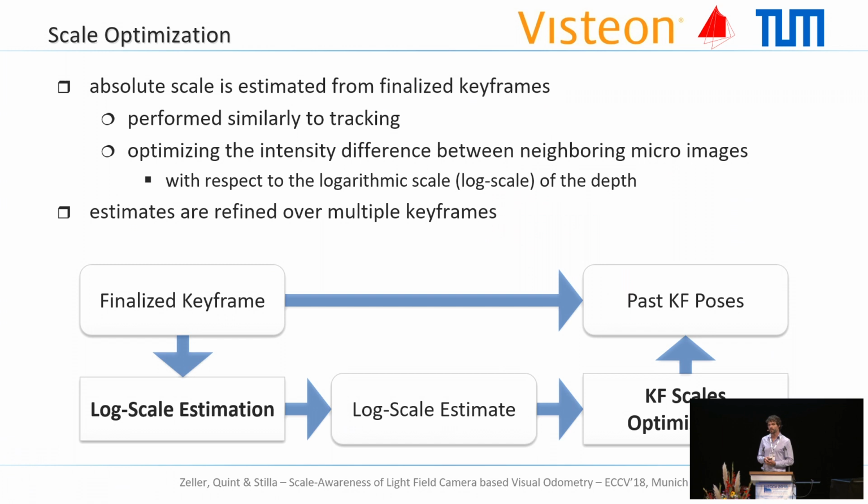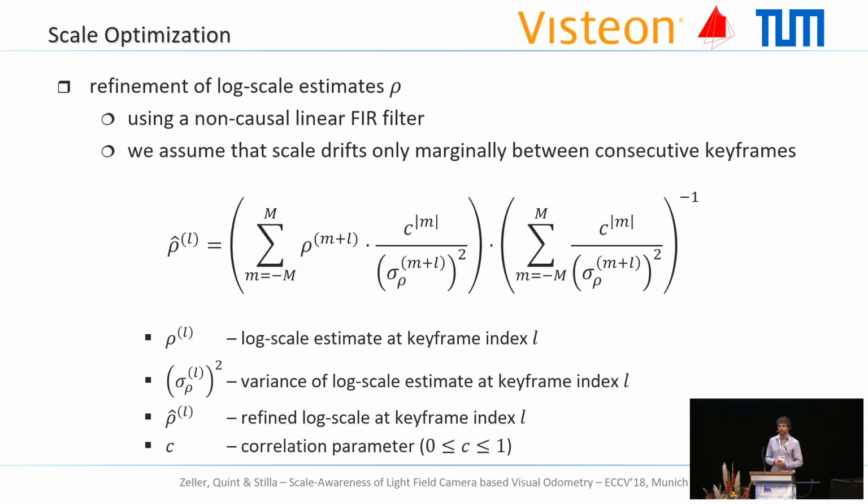And so for each keyframe we get a scale estimate, and furthermore we filter over multiple scale estimates. Therefore we use just a regular linear finite impulse response filter, and in that way we get a more or less stable scale estimate for each of our keyframes, which we can use to correct our keyframe poses.